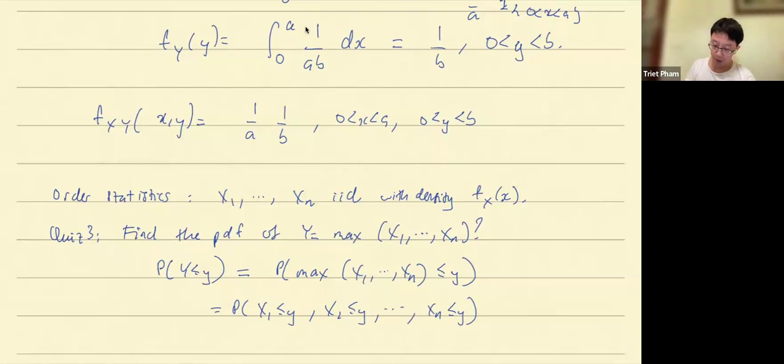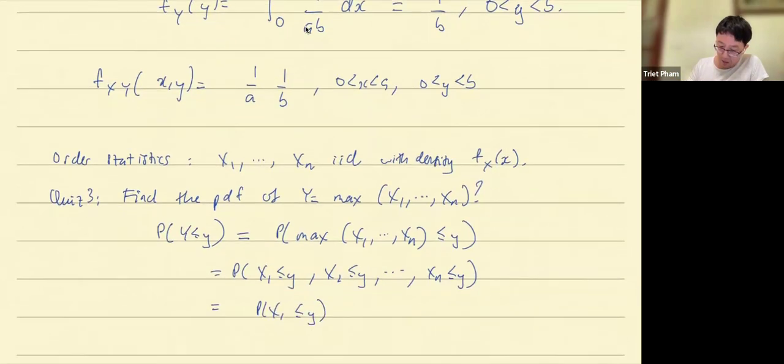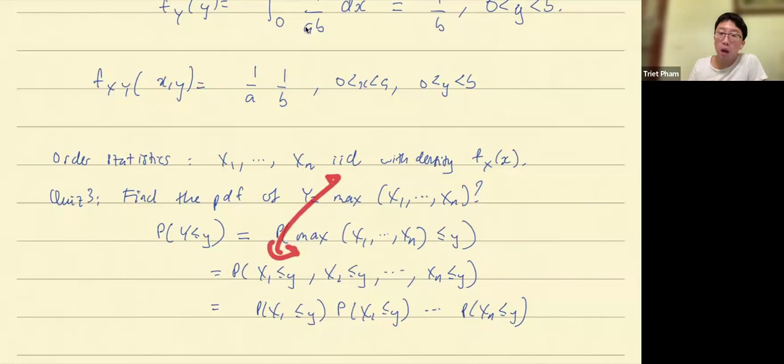And of course, this is just a joint CDF. So it will be the product of the individual CDF. And what do we know? We use the independence.